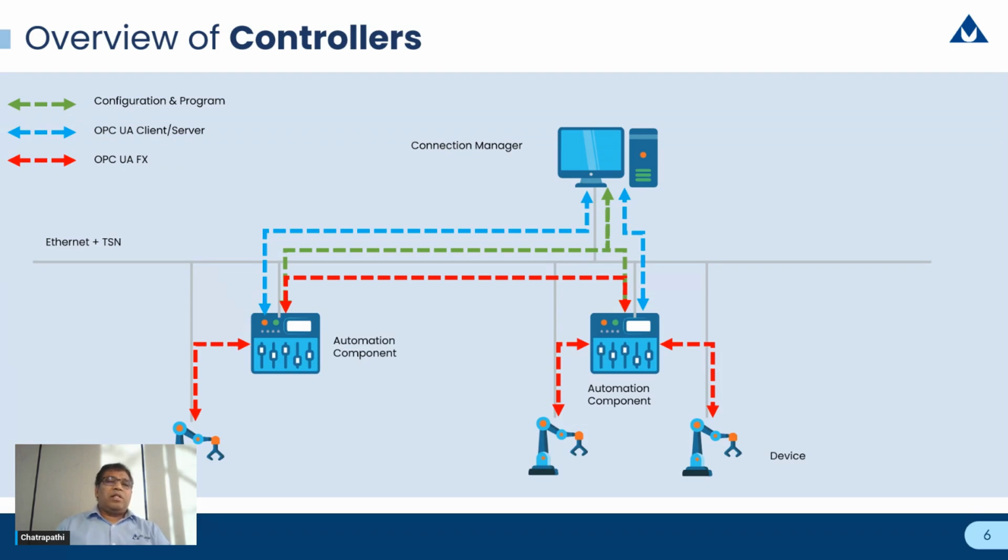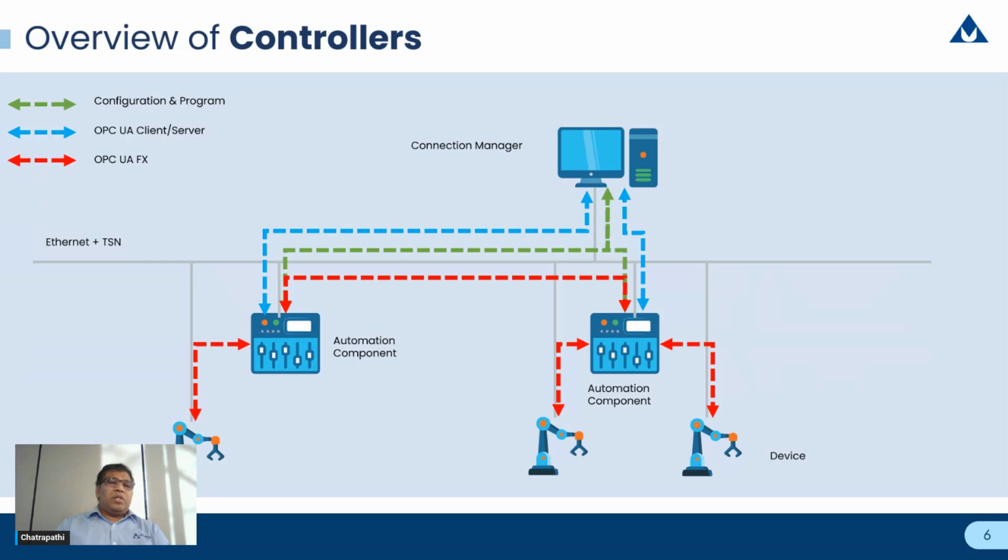The connection manager is the term used in the OPC UA FX specification to describe the component which initiates and establishes connection between two automation components. And of course, the automation component is again a term within the OPC UA FX specification.